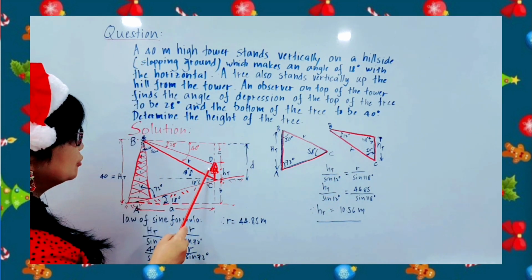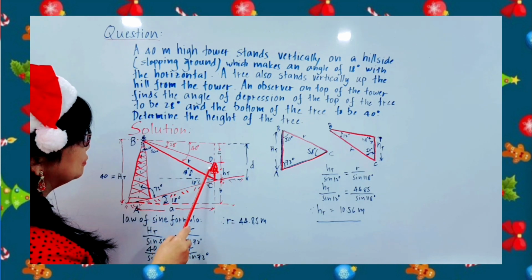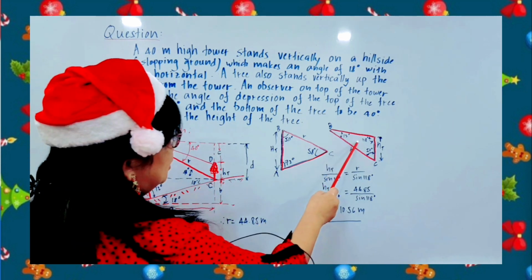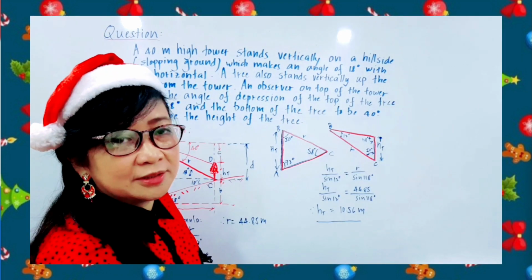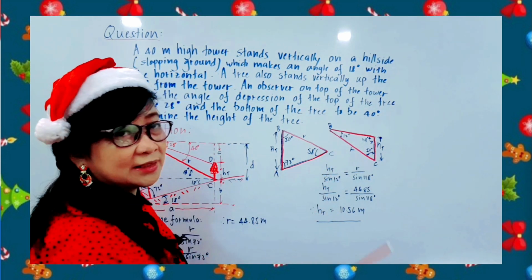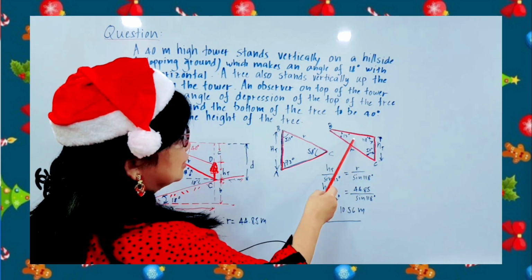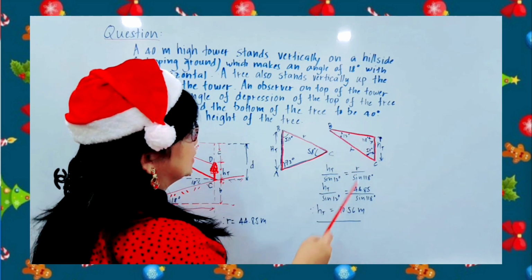Now, how to solve this angle? This one we find, this one also we solve, and this one we have to find this one. As I've said earlier, the sum of interior angles of a triangle is equal to 180 degrees. So, 180 degrees minus 12 minus 50 is equal to 118 degrees.